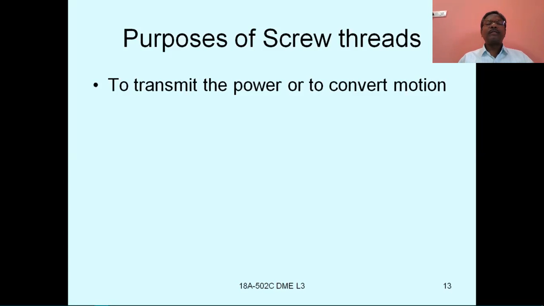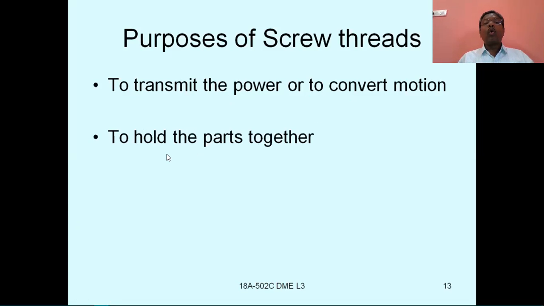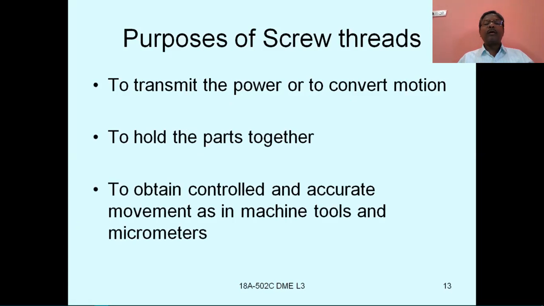And the second one is to hold the parts together, as the definition itself says, a joining of two parts. Similarly here also, to hold the parts together tightly. This is the second purpose. And the third one is to obtain controlled and accurate movements.